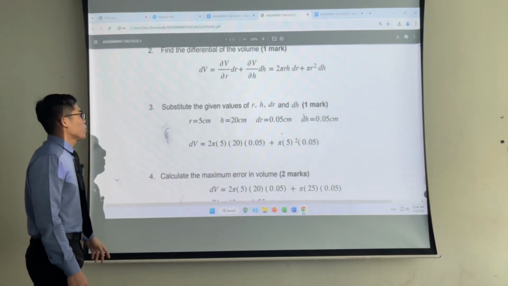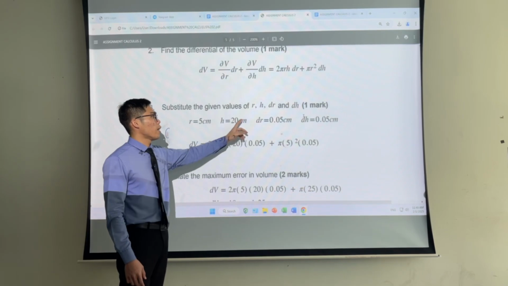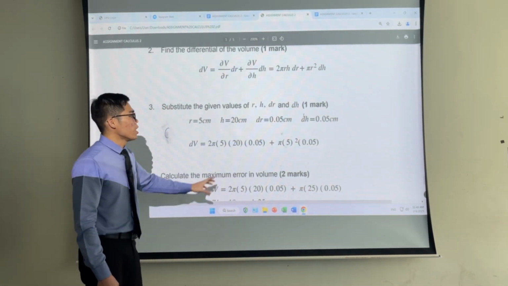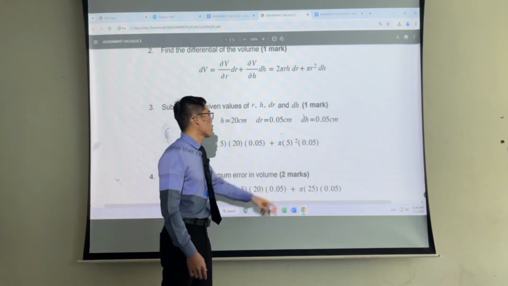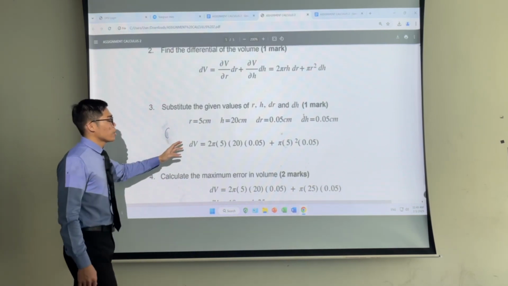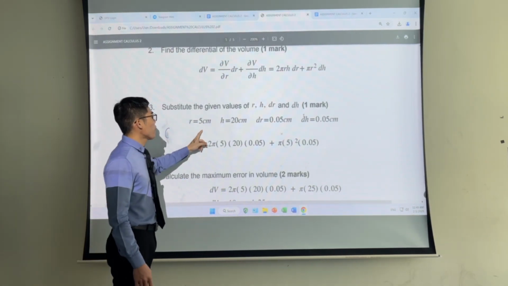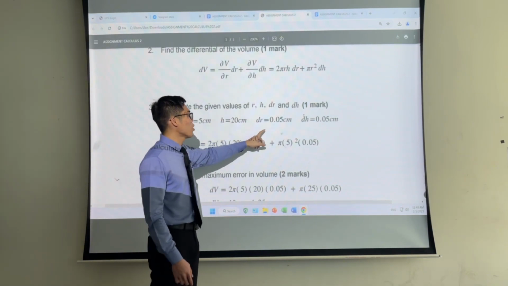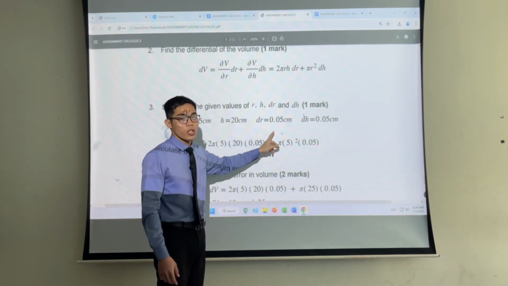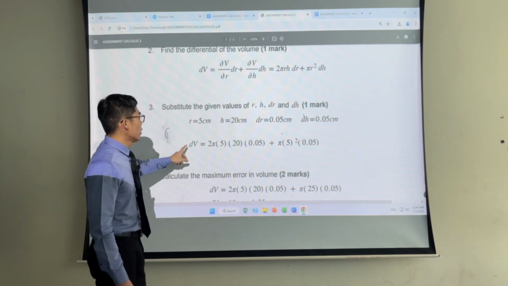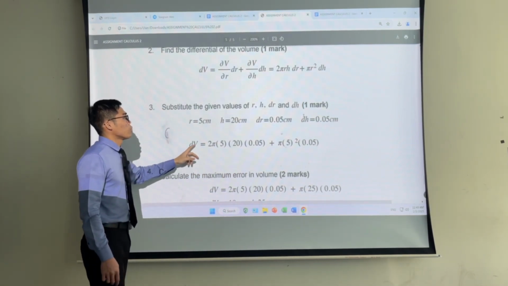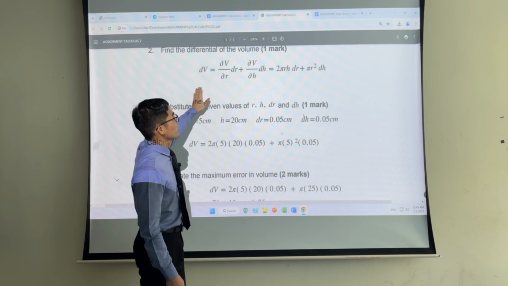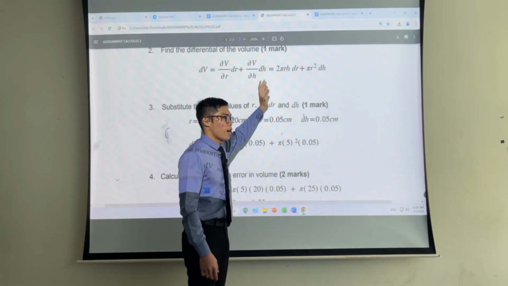Okay, and then we substitute the given values of r, h, dr and dh. If you substitute, you get 1 mark. So from the question, we have r equal to 5, h equal to 20, and dr and dh are also 0.05. So we evaluate the numbers in the differential equation that we got above.